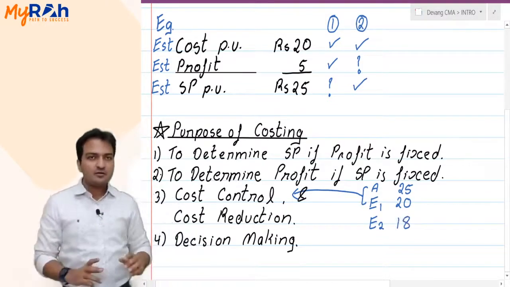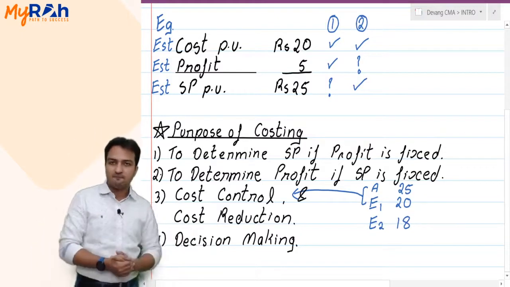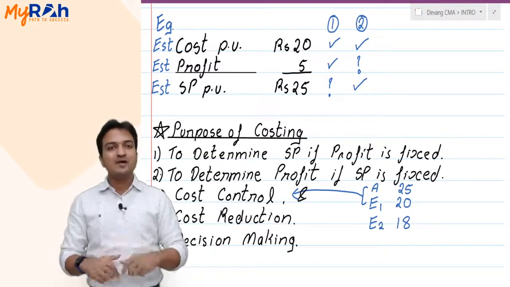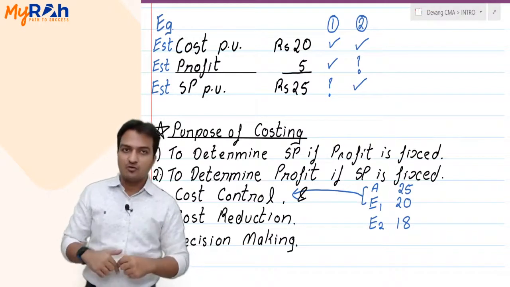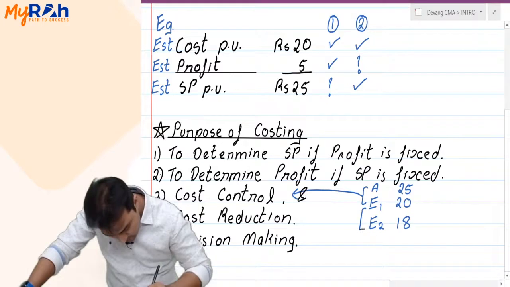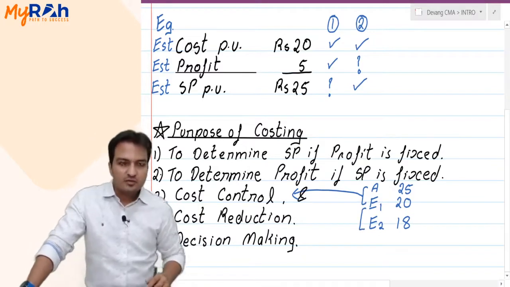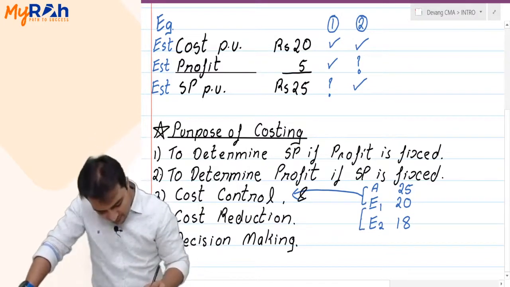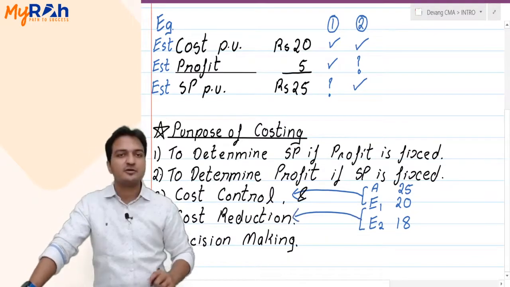According to my plan, my estimated cost should be 20. But now I want to bring that estimate further down to say 18. When I try to decrease my estimate further down, that decrease is called cost reduction.